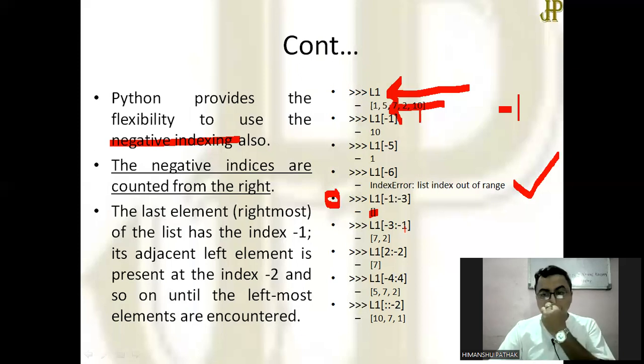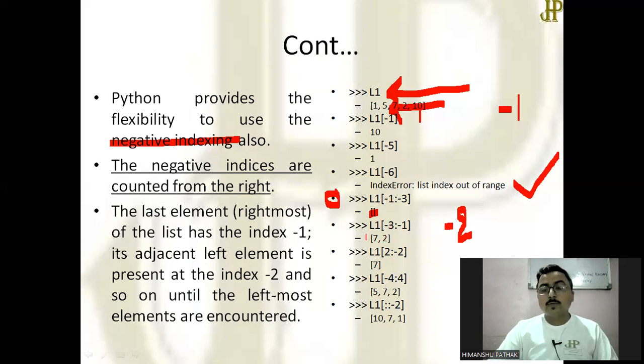So -1, you know that is length minus 1. So it means it goes up to the -2 position. That's why -3 is 7 and -2 is 2.